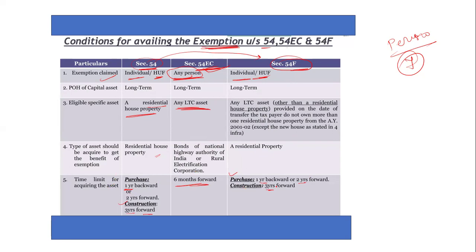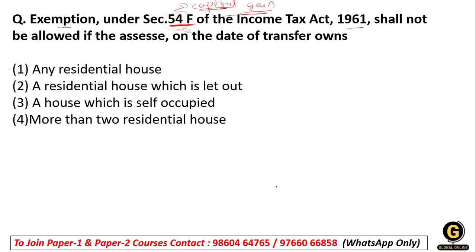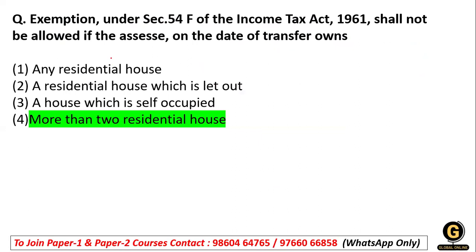Clear? So that is why the question is that the exemption under section 54F of the Income Tax Act 1961 shall not be allowed if the assessee on the date of transfer has more than two residential houses.